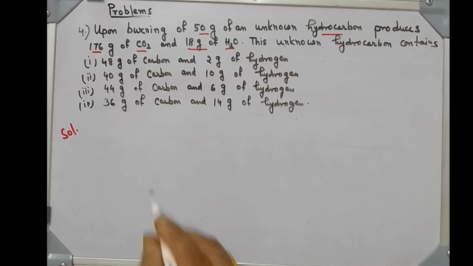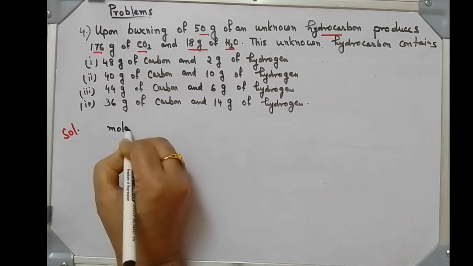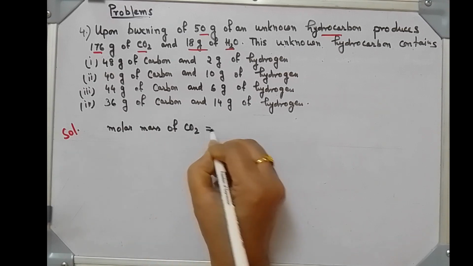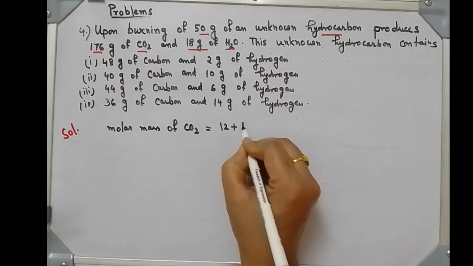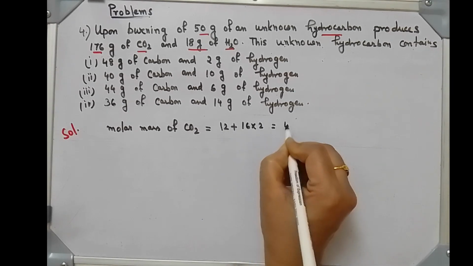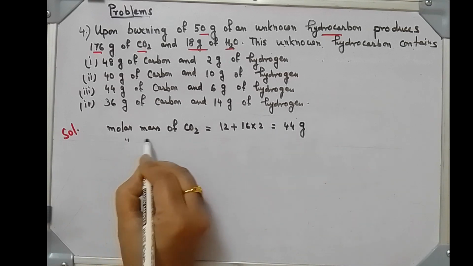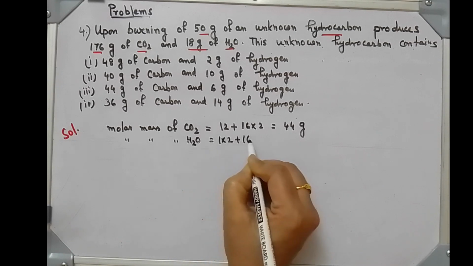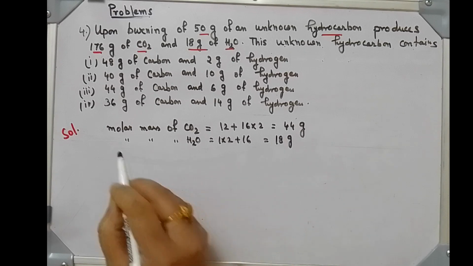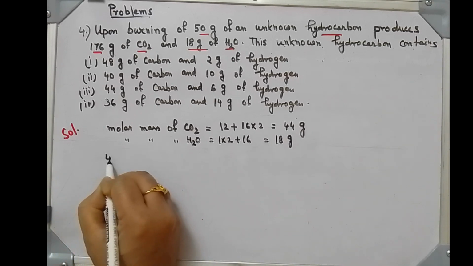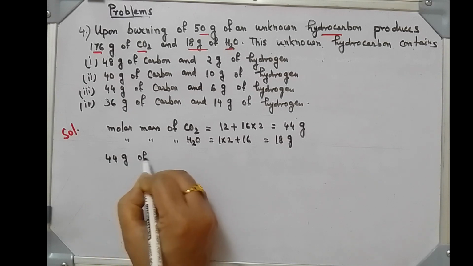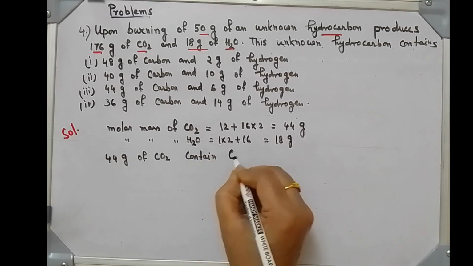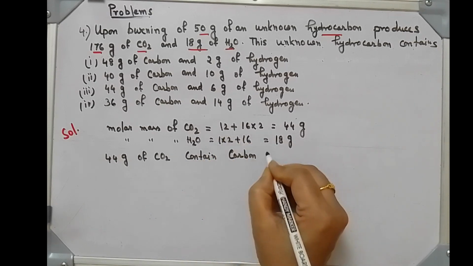You know, molar mass of carbon dioxide, already in the last example we did it, 44 gram, and molar mass of water is 18 gram. So 44 gram of carbon dioxide contain carbon 12 gram.